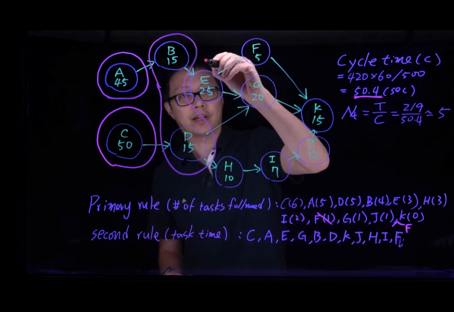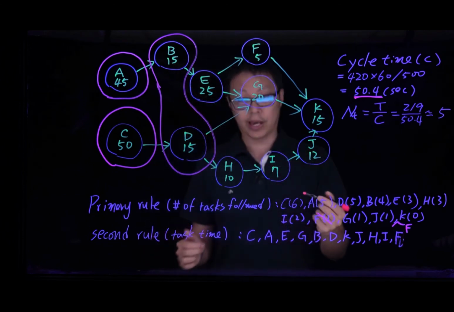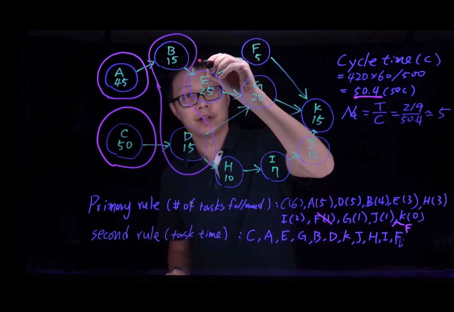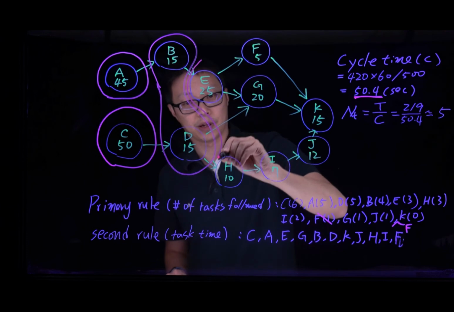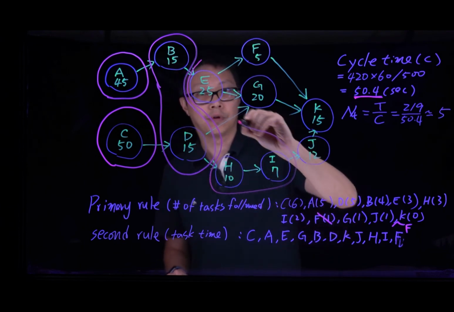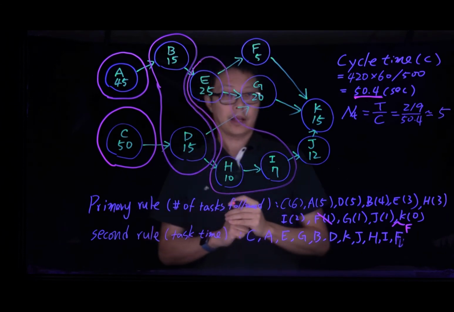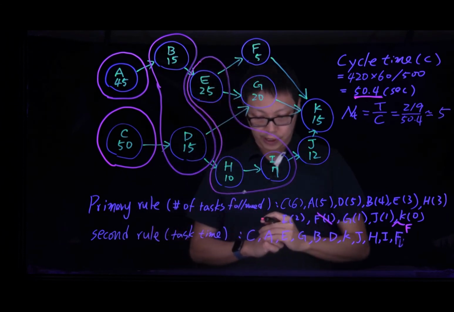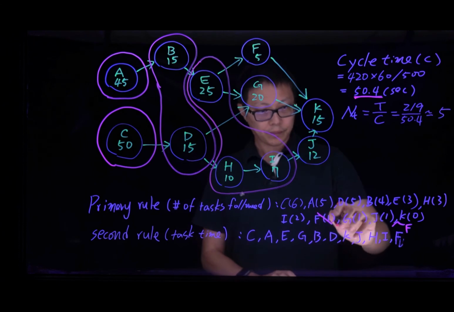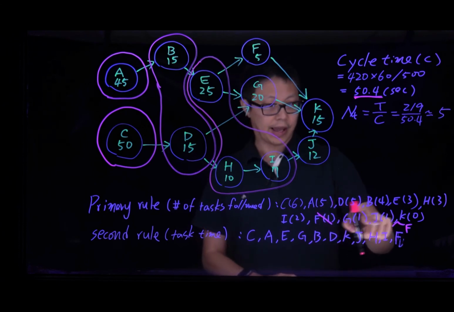So the next worker can only work on E, H, and I. So this is a job that will be assigned to that worker. Okay? And so the next one will be G, J, and F.